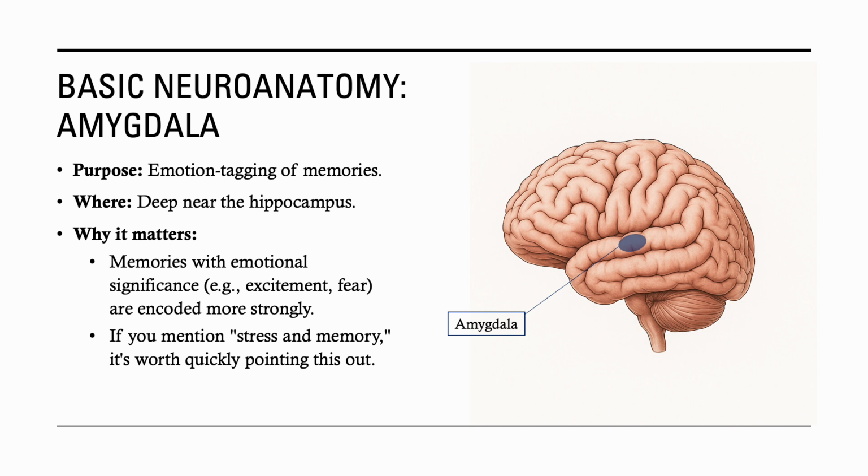It watches for experiences that are exciting, scary, surprising, or relevant or important. And when it spots one, it turns up the intensity. And by tagging those memories with emotion, the amygdala is what makes them stronger and easier to remember.